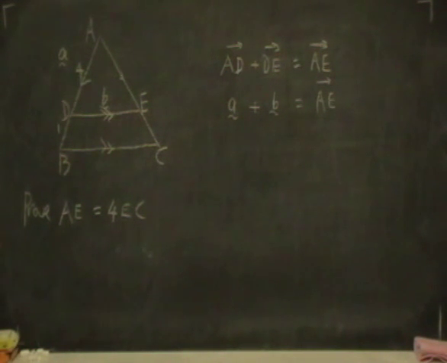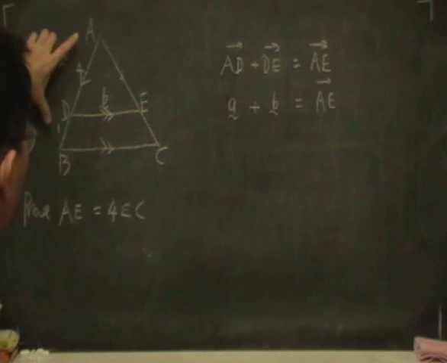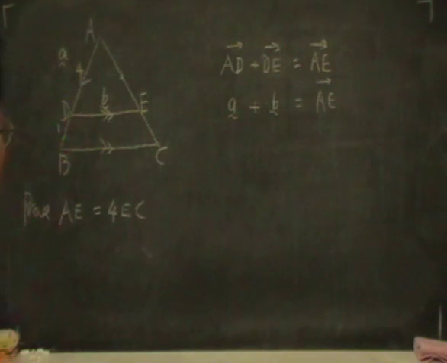Now what about the vector AB? The vector AB is longer than the vector AD, and we know that the ratio there is 4:1. So that means that AB is longer than AD by a factor of 5/4, because the ratio is 4:1.